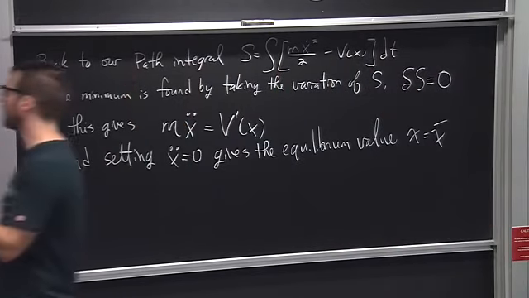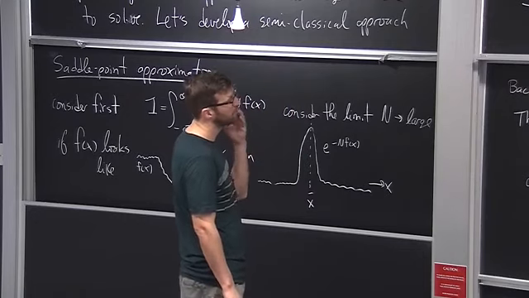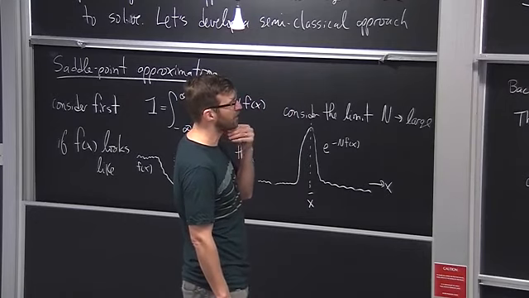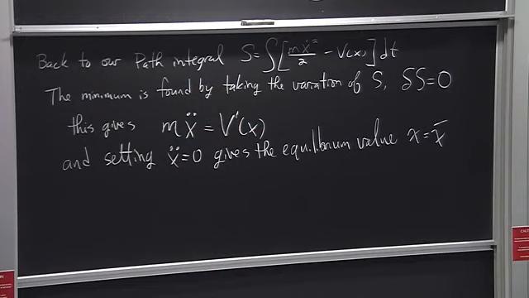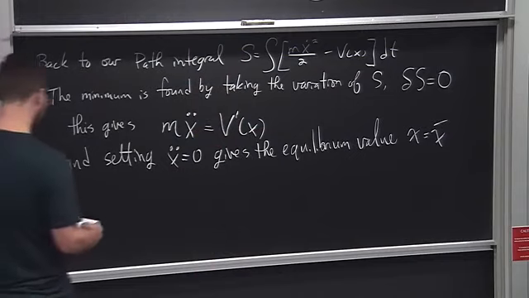But now let's look at our phi-4 theory. Now we're going to replace our action with the Euclidean action for the scalar field.